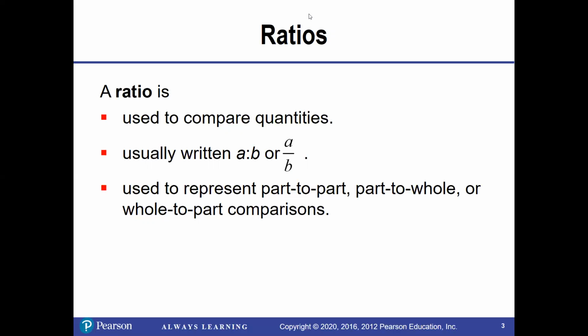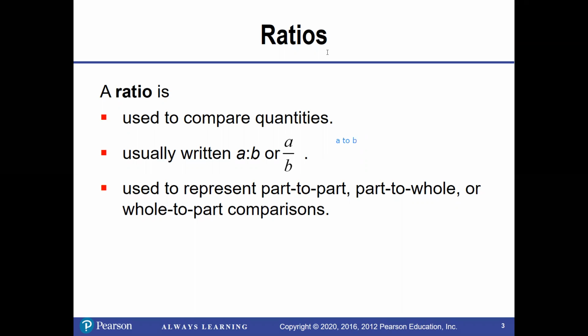So in essence, one of the other ways you could do things is by saying a to b. That is another way it can be written. What we're talking about is part to part, part to whole.